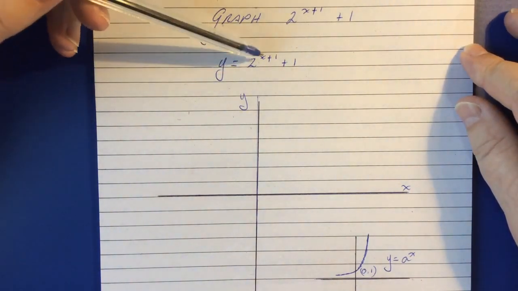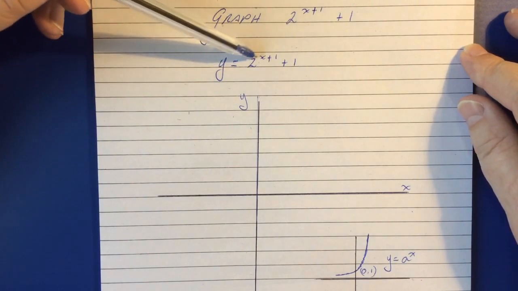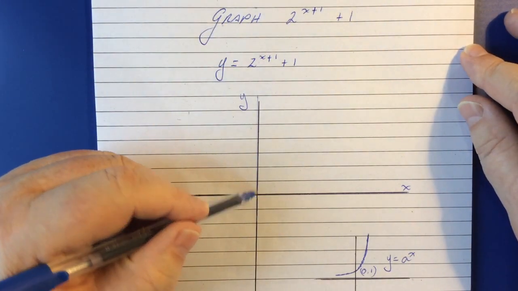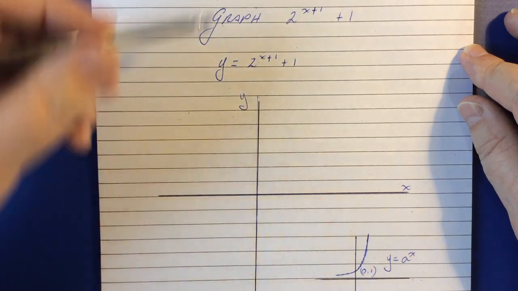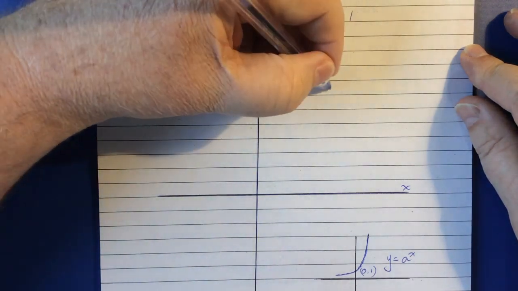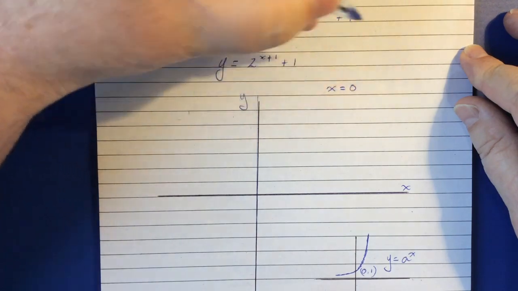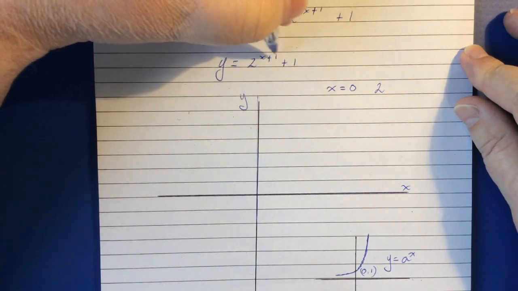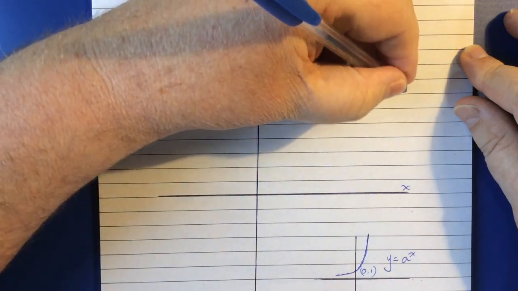So the first thing I'm going to do is see what happens if I make x equals 0, which means that I'm going to be finding a y-intercept. So if x equals 0, what we have is 2 to the power of 0 plus 1, which is 1, plus 1.